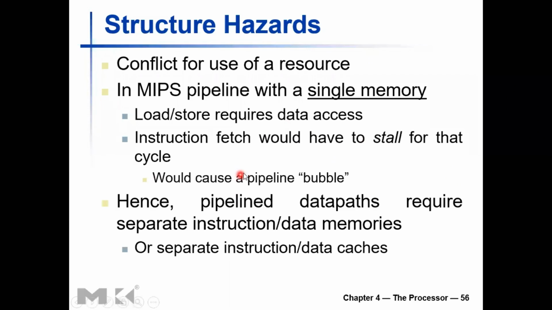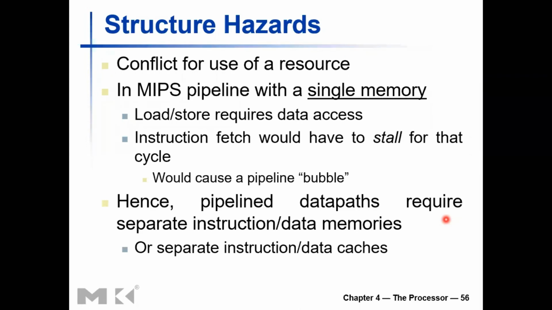That is called a pipeline stall, or inserting a bubble into the pipeline. In order to avoid this structure hazard, pipeline data paths need separate instruction and data memories, so we can do the instruction fetch while doing the data access for a previous instruction at the same time.